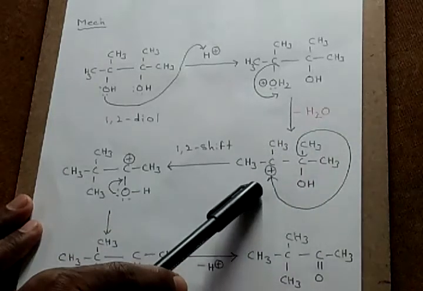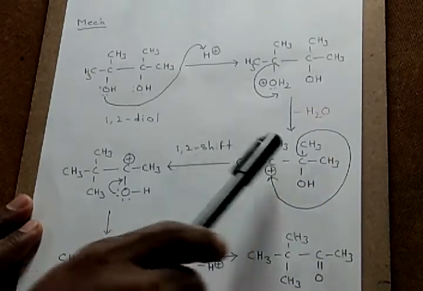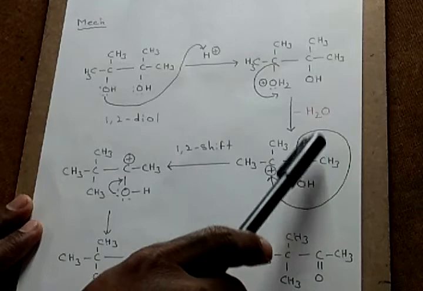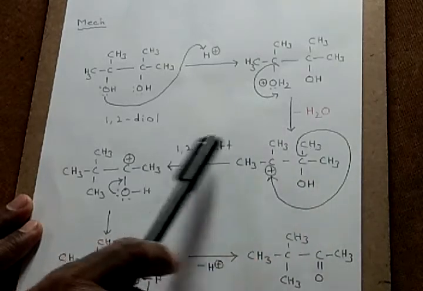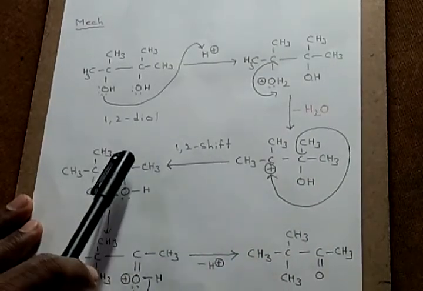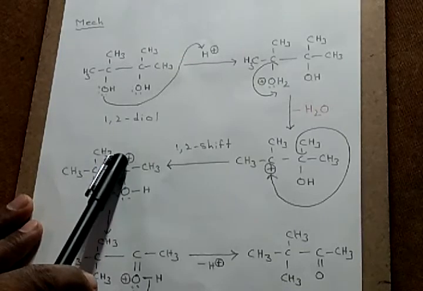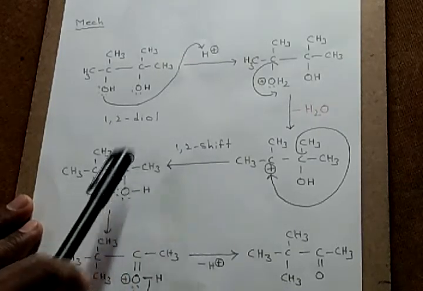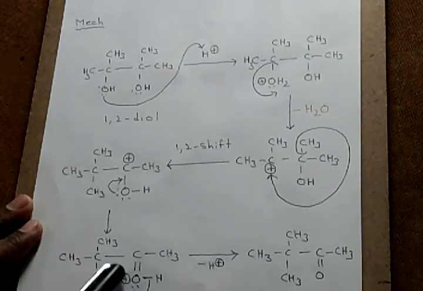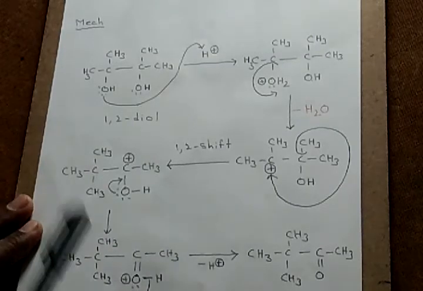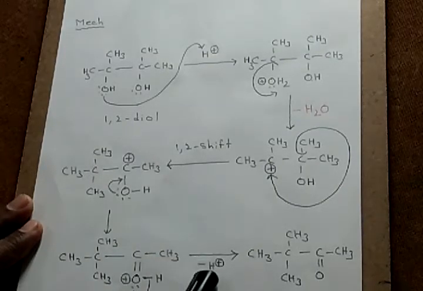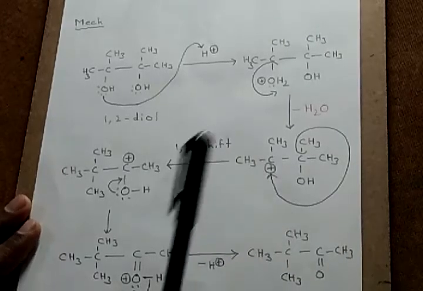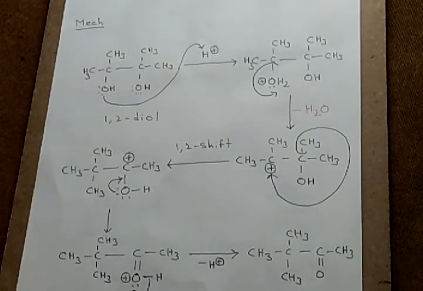A carbocation is generated. In the third step, the methyl group gets shifted, which is a 1,2 shift. There comes a positive charge on this particular carbon, which is neutralized by the lone pair of the oxygen, forming a pi bond between the carbon and oxygen. And in the final step, the H+ ion leaves the system, thereby generating the carbonyl compound. Hope you have understood this pinacol-pinacolone rearrangement.